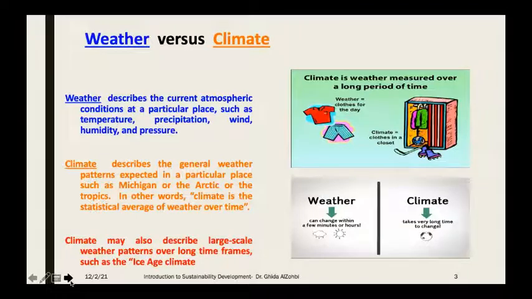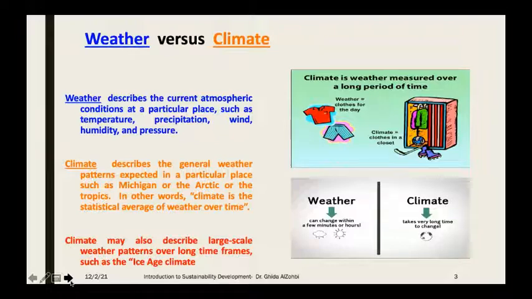What is the difference between weather and climate? Weather can change within a few minutes or hours. It means the same day. Temperature changes when the speed changes, pressure changes, precipitation also changes. However, the climate takes a very long time to change.